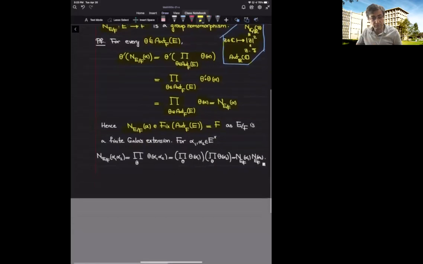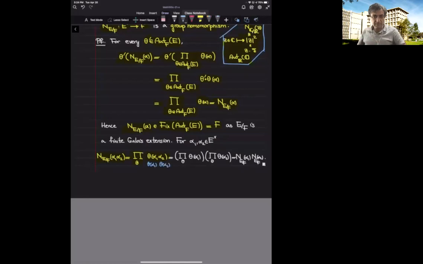Next part, I want to show that the norm is indeed a multiplicative group homomorphism. So I look at alpha 1 times alpha 2 and apply my norm function. But what is norm? Norm is the product of theta of alpha 1 alpha 2 as theta ranges in the group of F linear automorphisms of the field E. But theta being an automorphism, theta of alpha 1 alpha 2 is the same as theta alpha 1 times theta alpha 2.